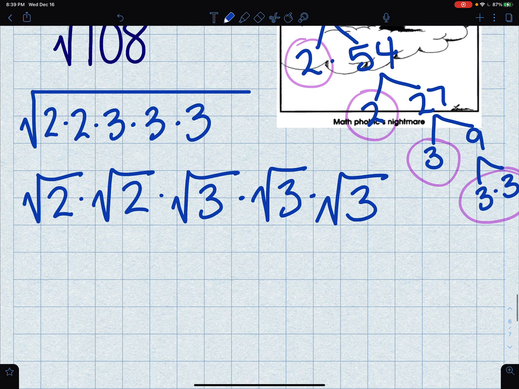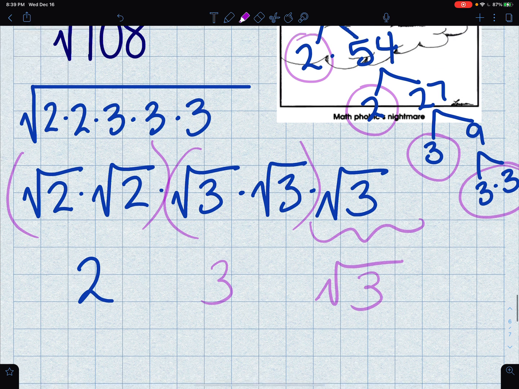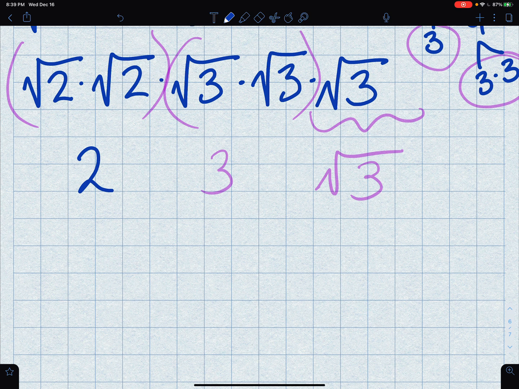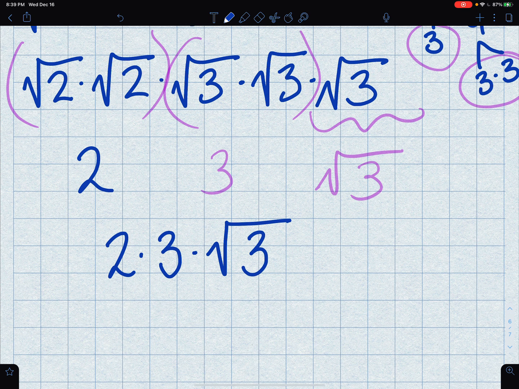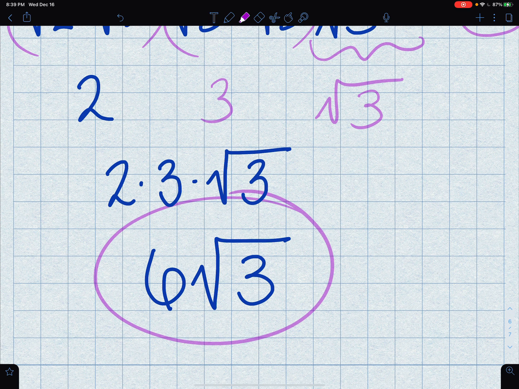Alrighty, now let's break this down. This can go to just 2. This can go to just 3. And then this has to come down as the square root of 3. So underneath it, I've got 2 times 3 times the square root of 3. And 2 times 3 is 6 times the square root of 3. And that is the final answer. And yay, it even matches the answer in the book.